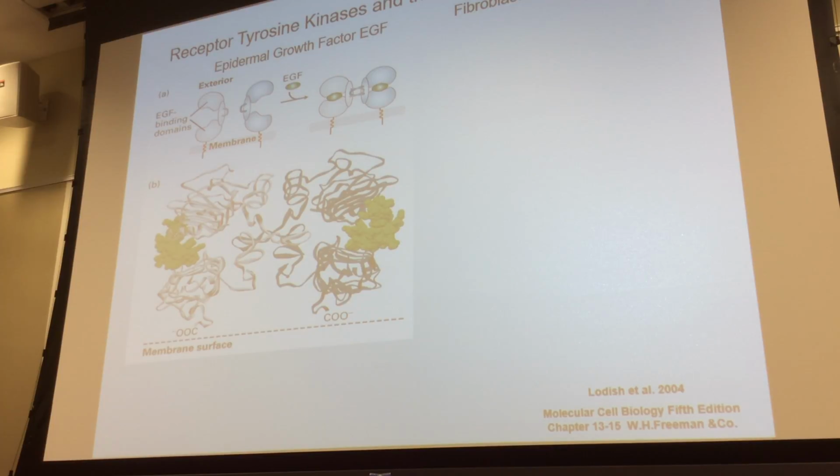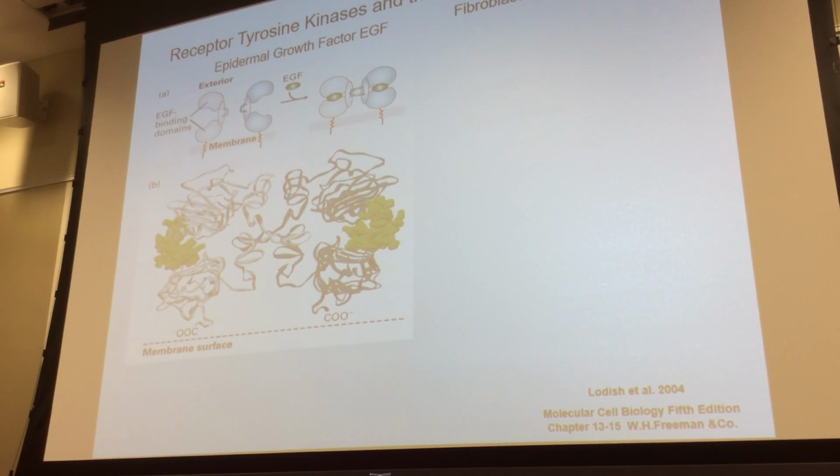So these are fairly large domains for binding the growth factors themselves, which are going to be coming from other proteins that have been proteolyzed from plasma membranes. So all of this is taking place on the outside of cells. And you can see that now our ligands are not the little itty bitty ligands that we thought about with our G protein coupled receptors.